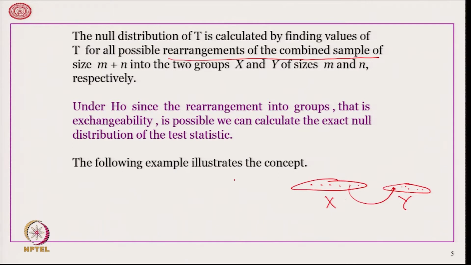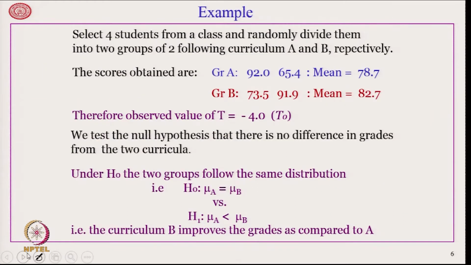So, the following example illustrates the concept in a better way. Select 4 students from a class and randomly divide them into two groups of 2 following the curriculum A and B. That means, there are 4 persons and we are dividing it into two groups of 2 and 2.